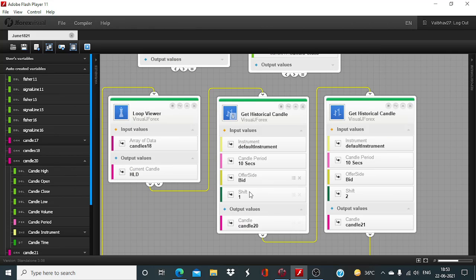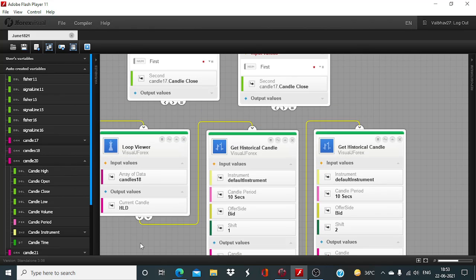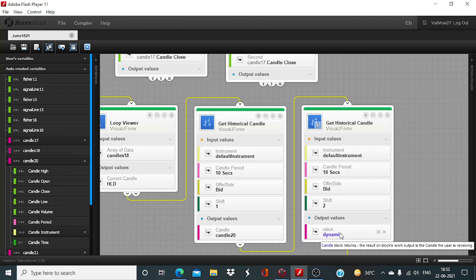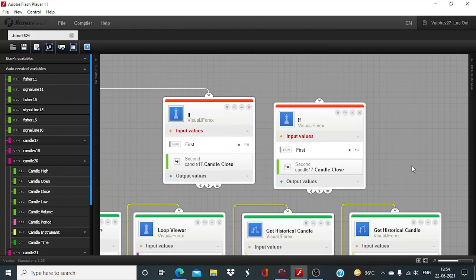Candle 20 has a look back period of 1, whereas candle 21 has a look back period of 2. And that simply means we will initiate the trade if we see that candle 20 has closed lower than the candle 17 candle close, and the candle 21 should have closed higher than the candle 17 candle close.